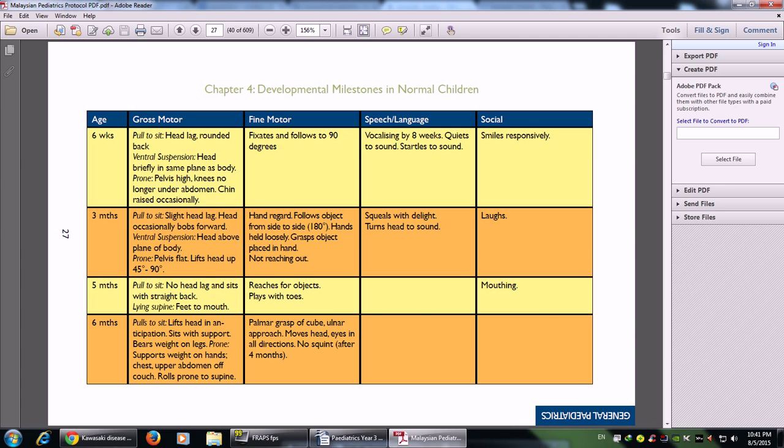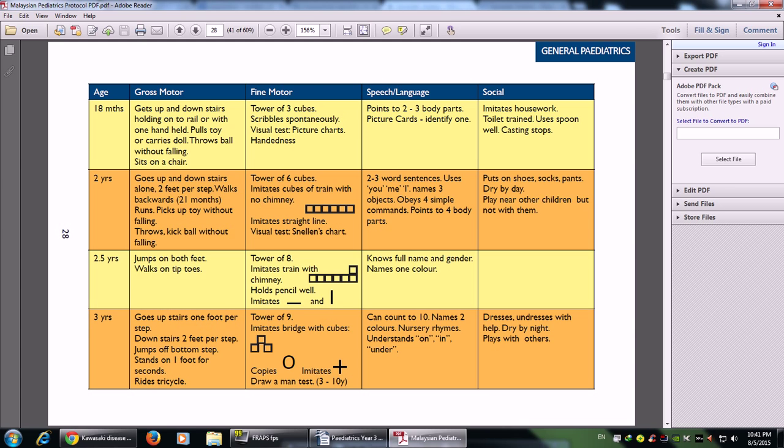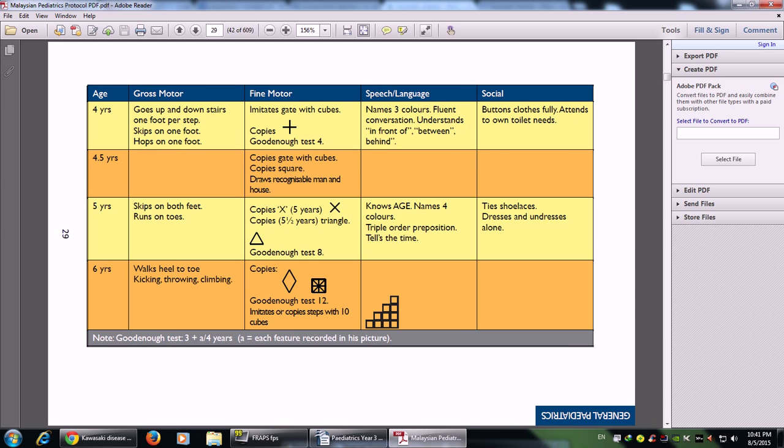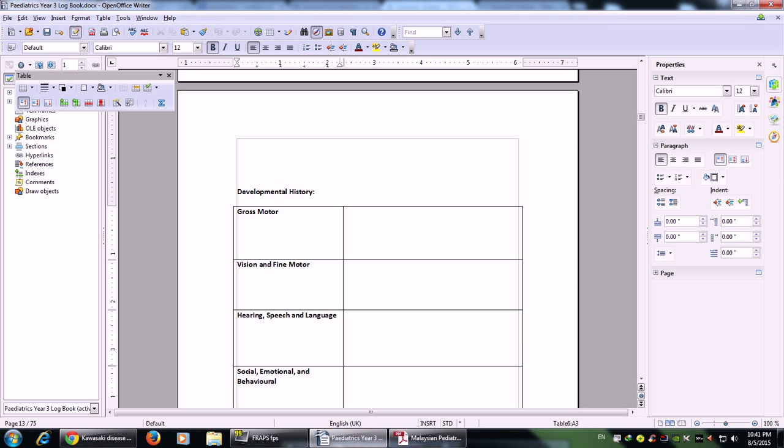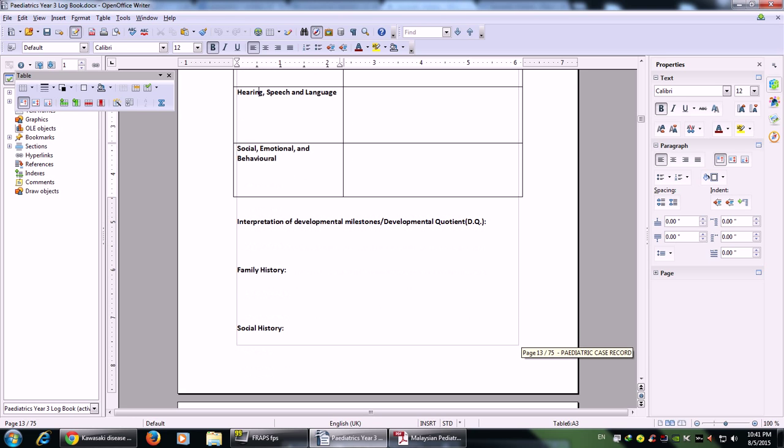Okay, if you want to read, you pause it and read. So gross motor, everything like that. Because today is focused on the history examinations. So next, we are going to the interpretation of the developmental milestones. After that, you interpret whether this developmental milestone is adequate for age, or it is not adequate for age.